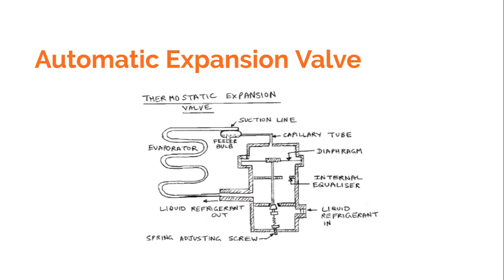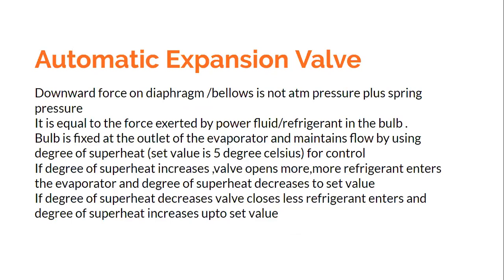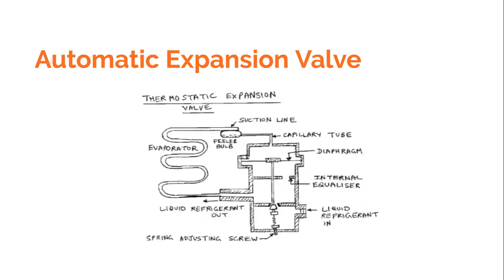So in this thermostatic expansion valve, not the automatic expansion valve which is written here, the filler bulb has a refrigerant, and this refrigerant is going to exert the downward force on the diaphragm. Unlike your automatic expansion valve, because in the automatic expansion valve it is the atmospheric pressure which is exerted on the diaphragm along with the regulating spring pressure.